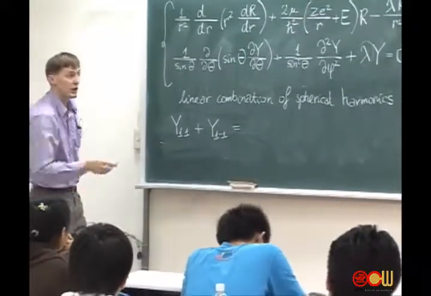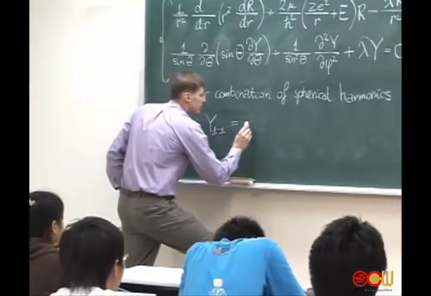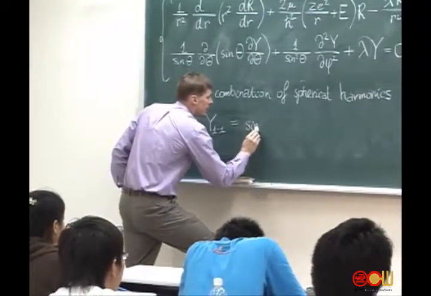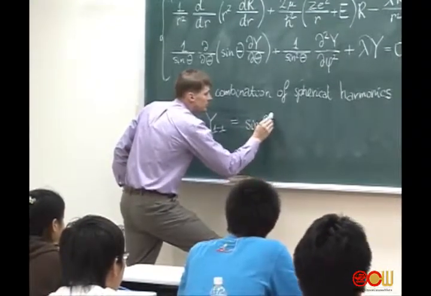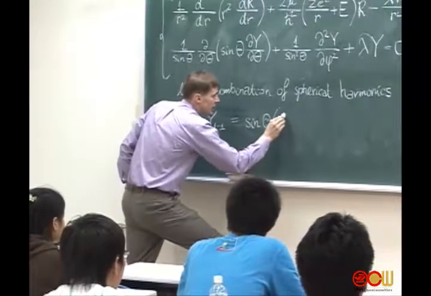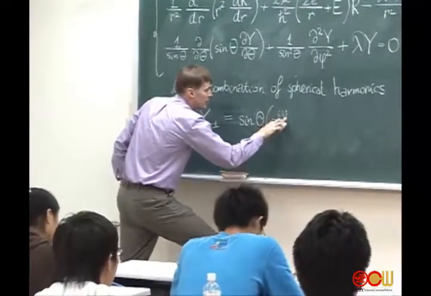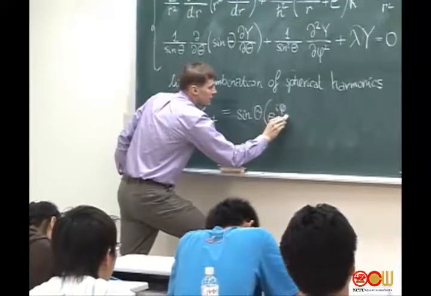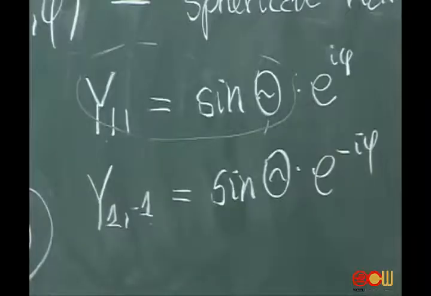You can do it together with me. You find that it is nothing else but sine theta times e to the i phi plus e to the minus i phi.